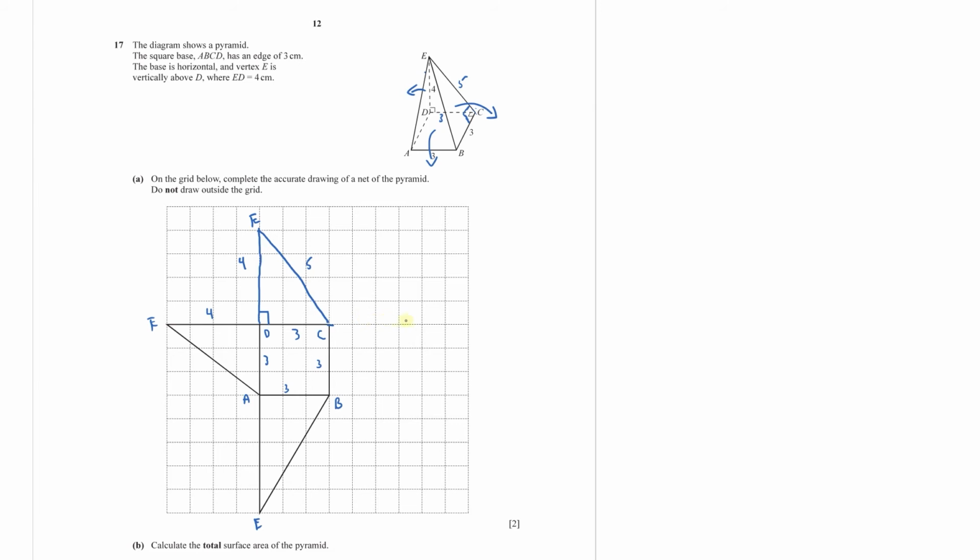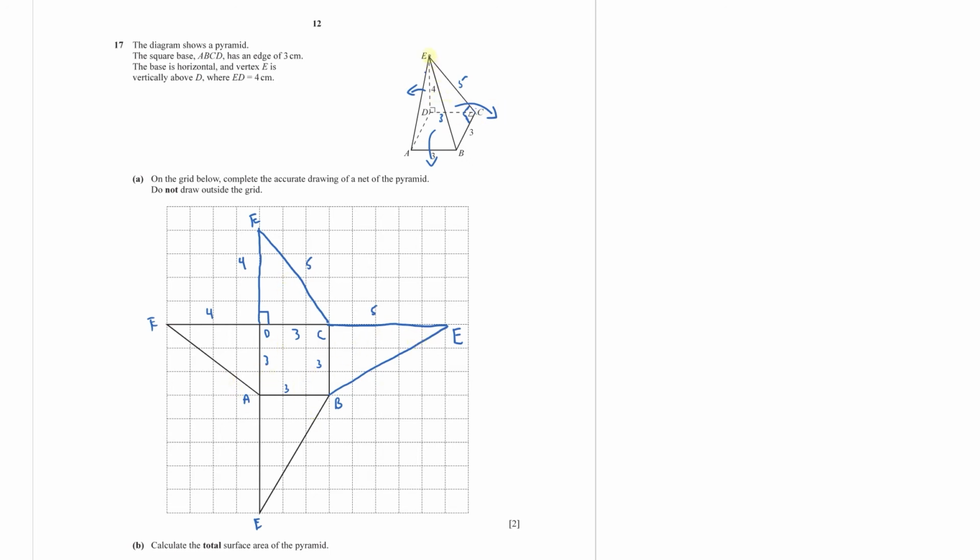So 1, 2, 3, 4, 5. So I'll go up till this point 5 and then join this here. So this will complete your net. So this is your point E as well, and this CE is also 5. So once you make the pyramid, you fold all of these triangles.